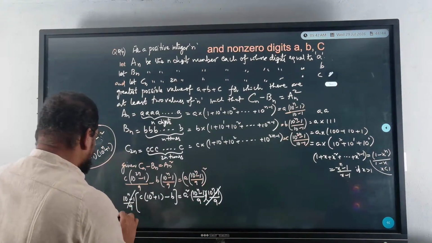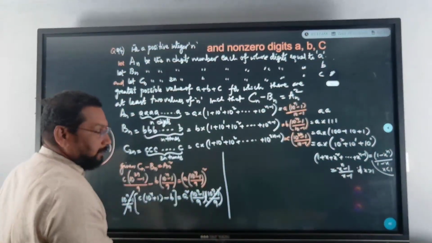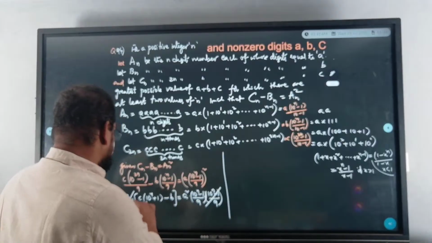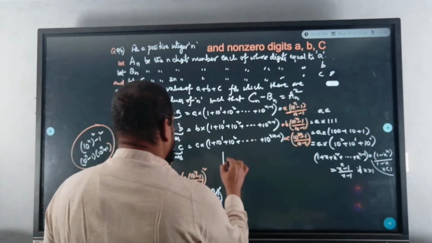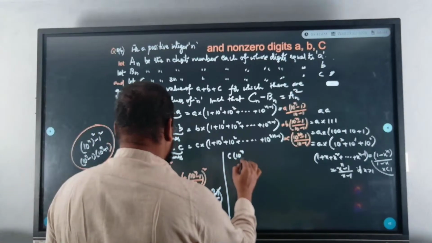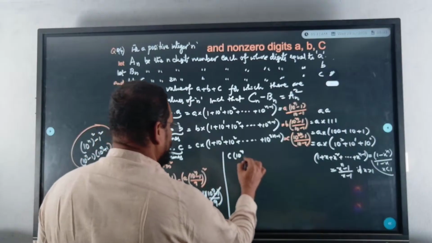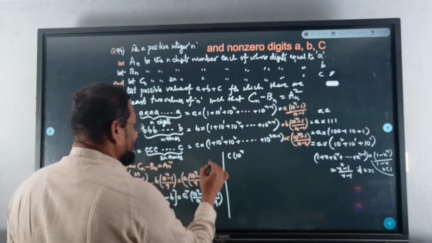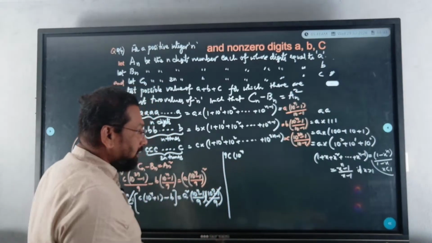So these two get cancelled. So c into 10 power n, c minus 9c into 10 power n.